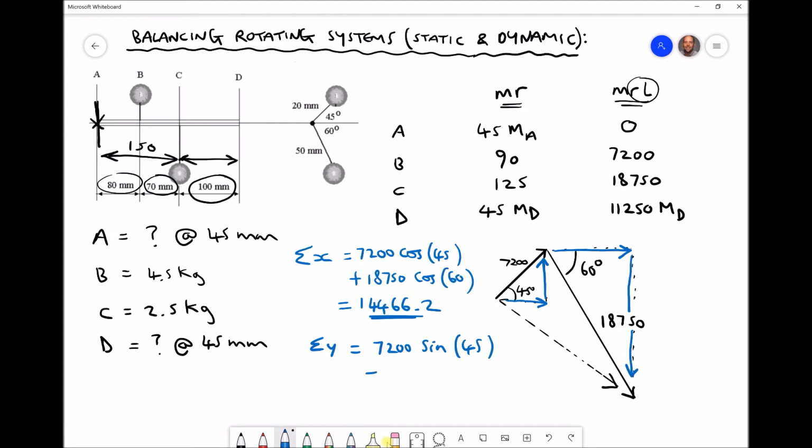So this time we need to subtract its magnitude, 18750 sine 60, giving us a sum of our y components equal to minus 11146.8. So now we have the sum of our x components and the sum of our y components for our m times r times l vector diagram. Let's construct a new triangle to represent our resultant, and then we can determine the magnitude of the resultant and the direction of the balancing equilibrium.